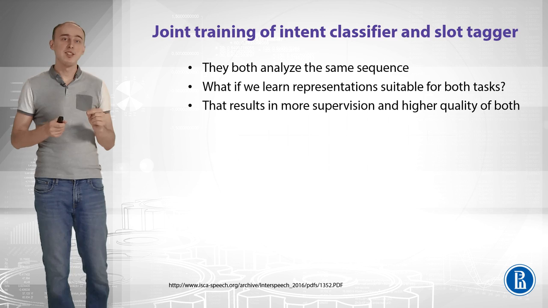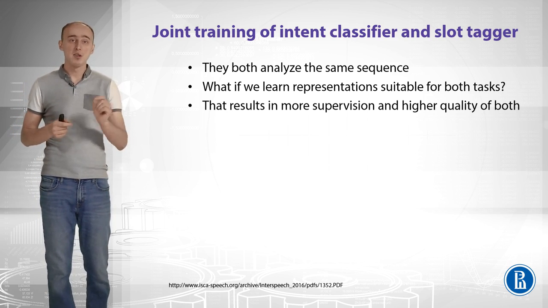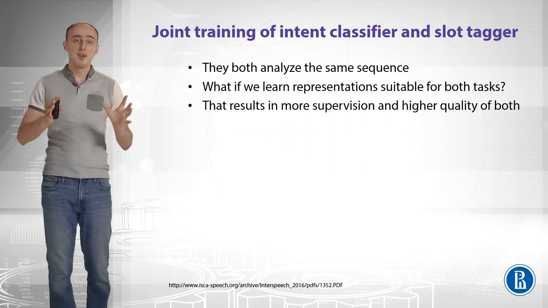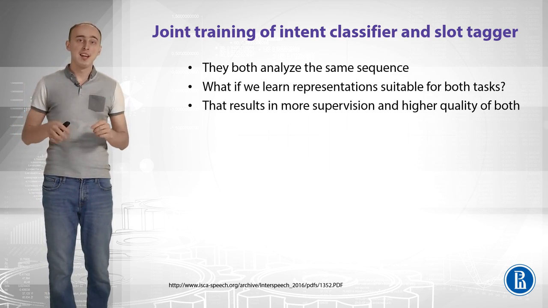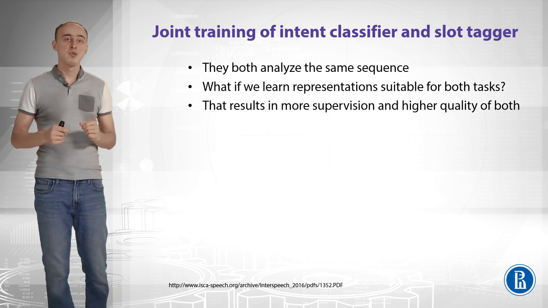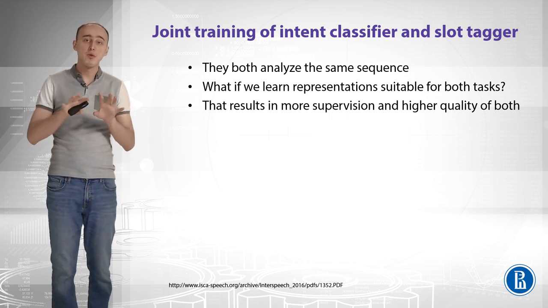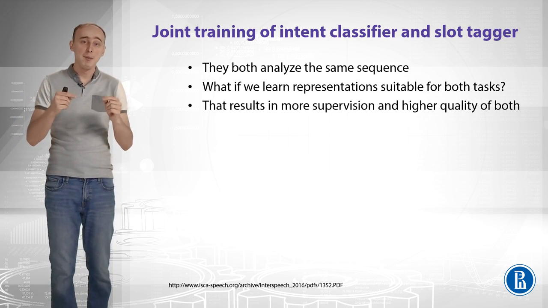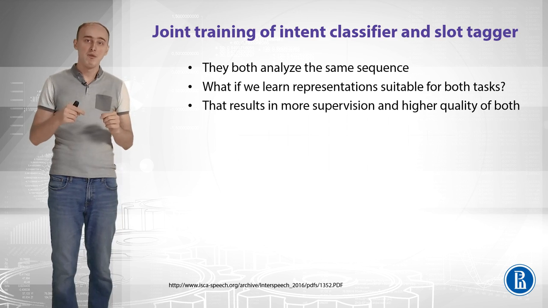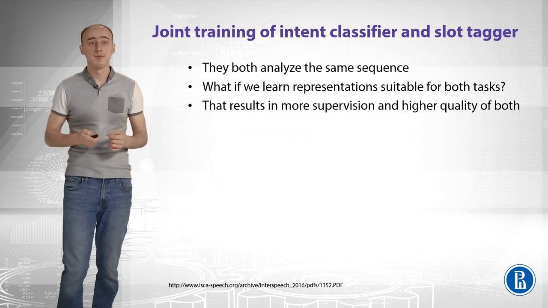Another thing is that you can learn your intent classifier and slot tagger jointly. You don't need to train two separate tasks. You can train this super task, because it can learn representations that are suitable for both tasks, and this time we provide more supervision for our training, and we get higher quality as a result.